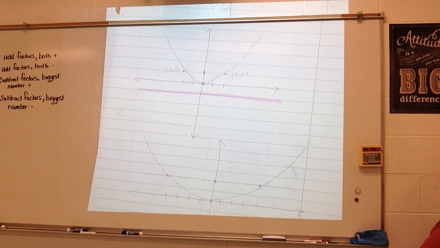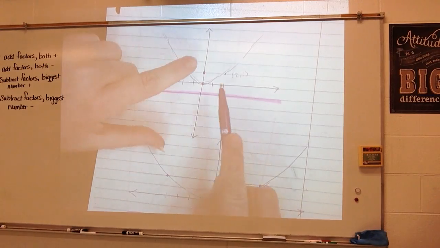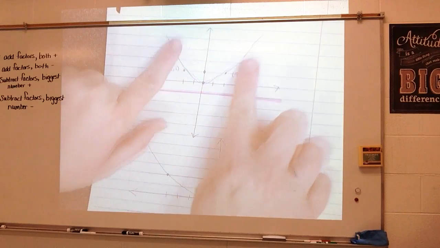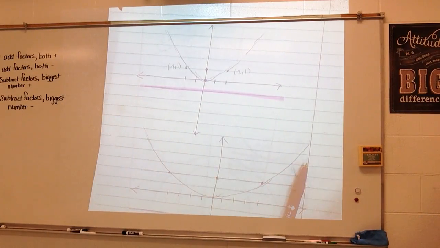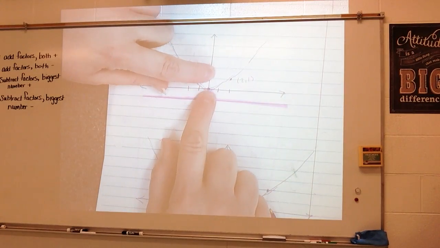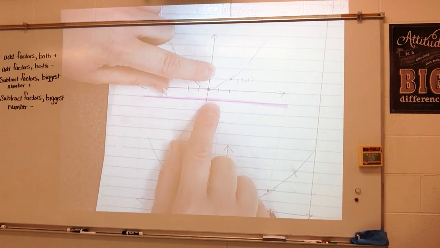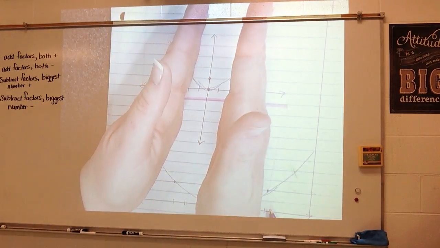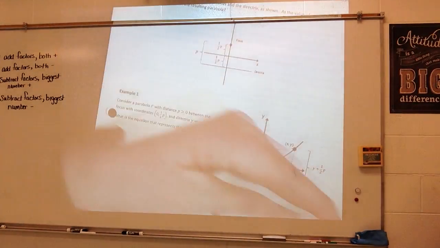So as the value of p increases, the graph either dilates or shrinks vertically. Look at this: here my distance between focus and directrix increases, and my parabola dilates. It becomes wider. If I were to shrink the difference between my focus and the directrix, my parabola would start to become more narrow.